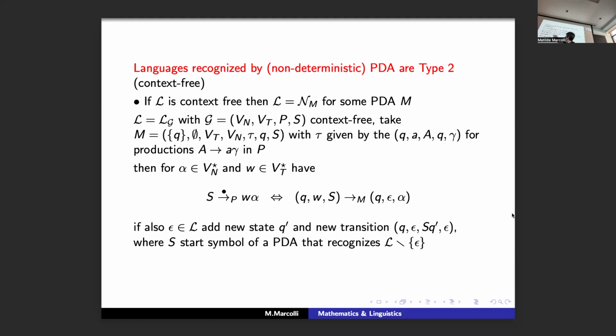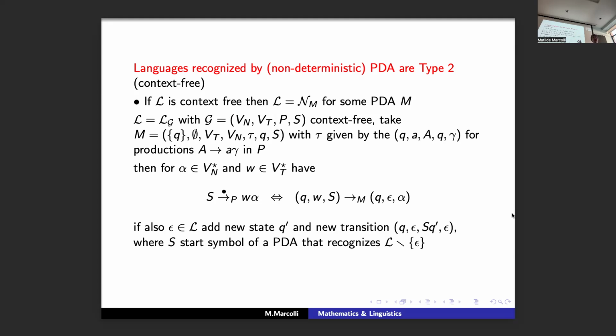The key here is that you use the terminals as one alphabet and the non-terminals as the other alphabet. And the transitions will follow, as in the case of the finite state automata, the production rules of the grammar. But now you typically have production rules that will take a non-terminal and give you something that contains some terminals and some non-terminals. If you have something like this, then this corresponds to an instruction where the terminal is what you read on your tape, and whatever string of non-terminals remains is what you actually deposit in the stack at the end.